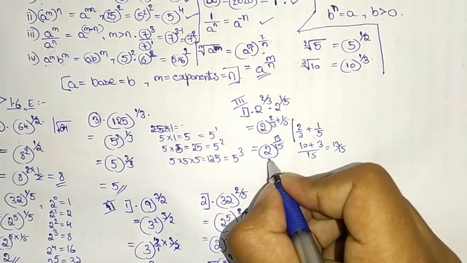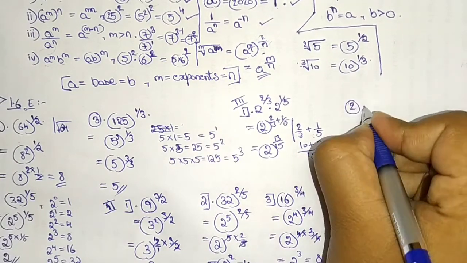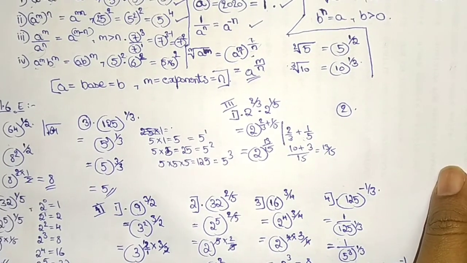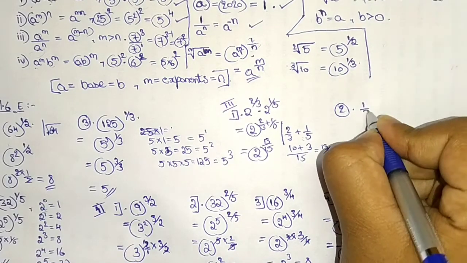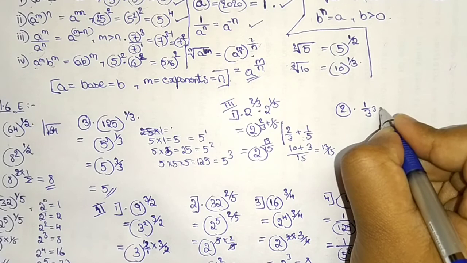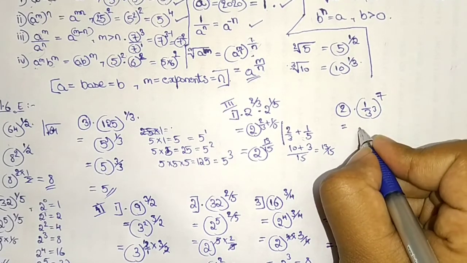Second question, see, this is the answer, 13 by 15. Second question is nothing but 1 by 3 power 3 whole power 7. This is so simple.